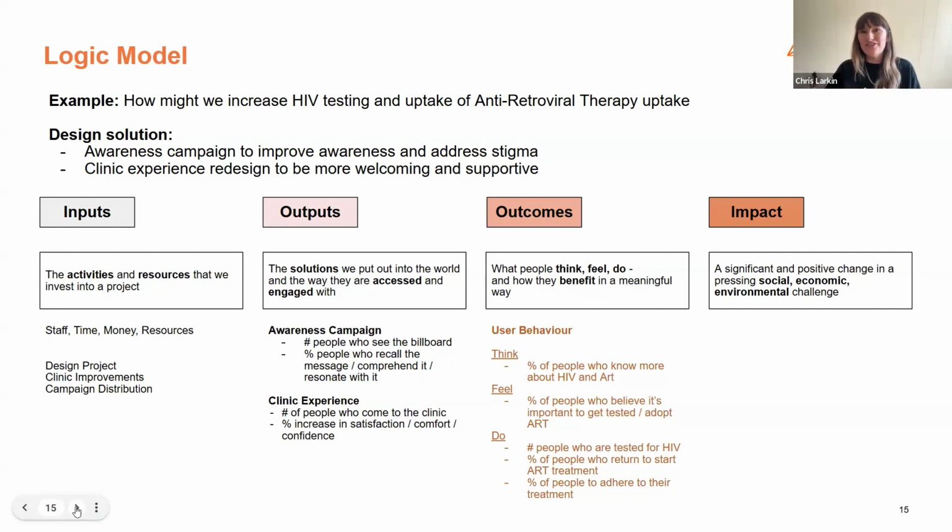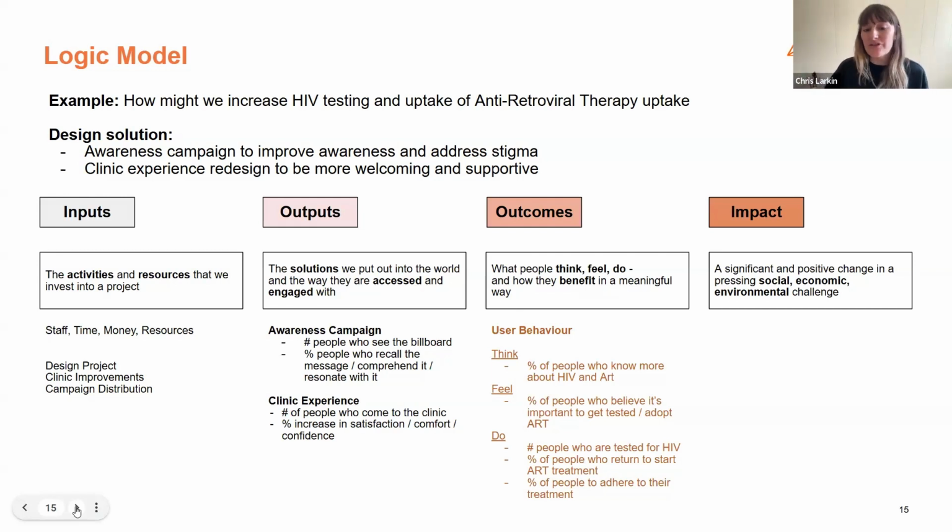The feel level in design, often the most important thing that we're trying to work on, is changing that experience. So what percentage of people now may believe it's important to get tested or to adopt ART, or part of the feel will be what percentage of people no longer feel afraid to share with a family member or to seek support from someone if they have had a positive diagnosis.